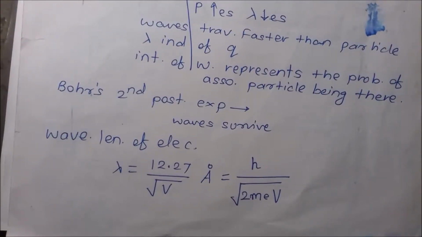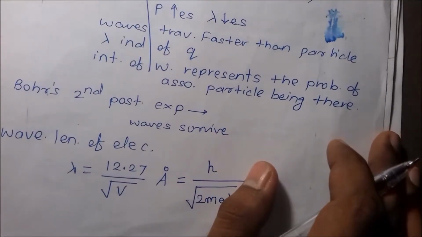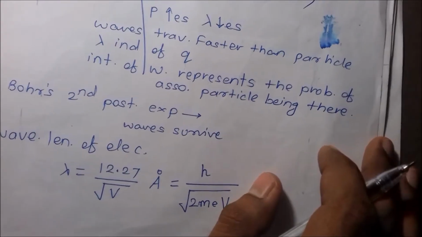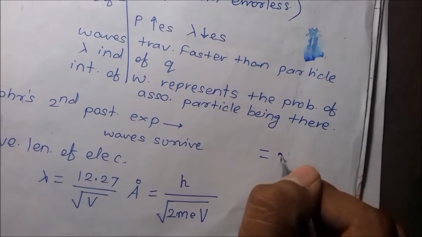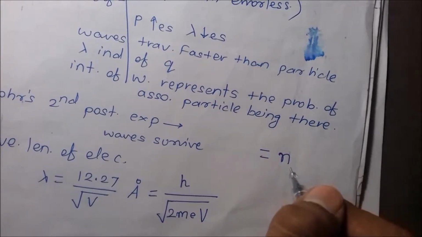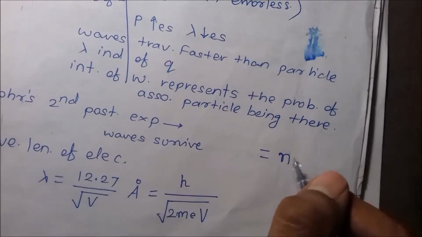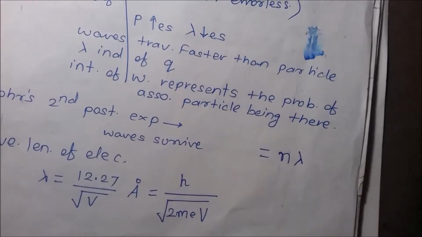This matter wave picture supported second postulate of Bohr. As per the theory of stationary waves, only those waves survive on the string which complete integral multiple of lambdas for an entire path.